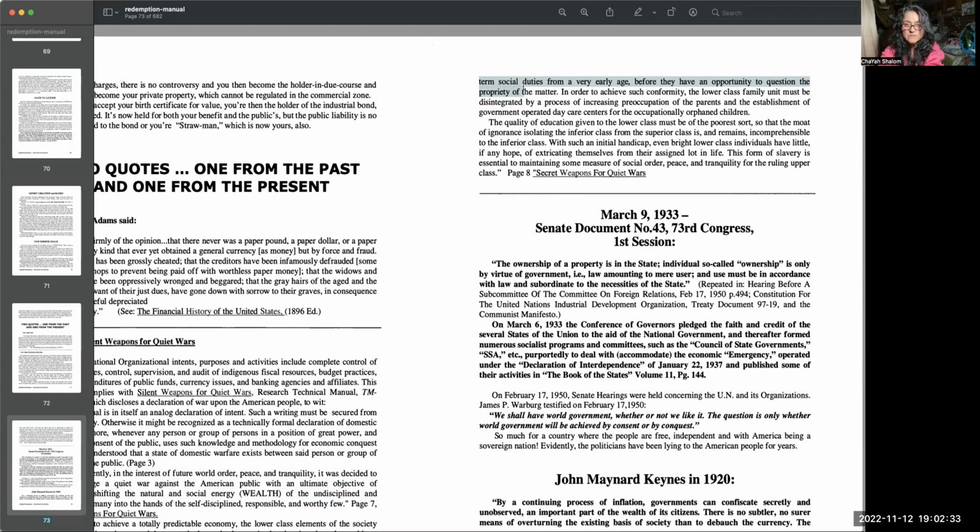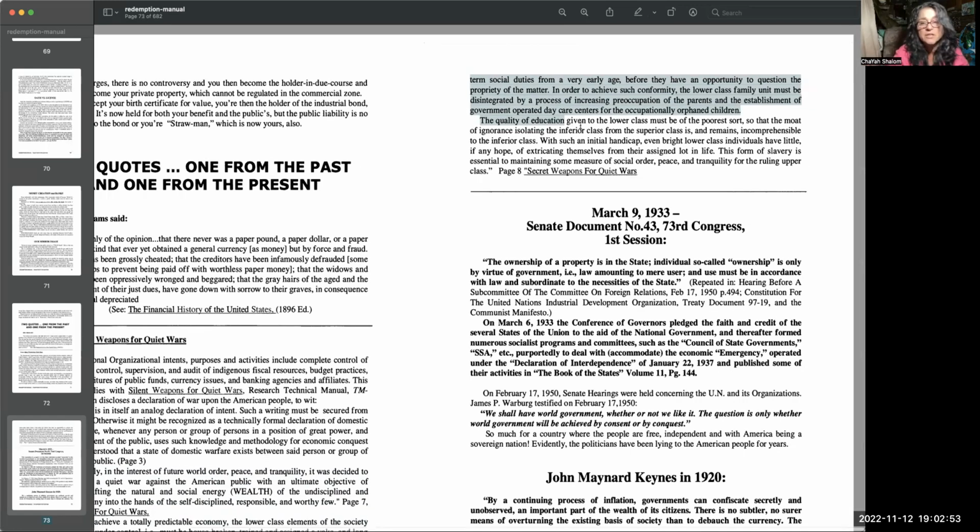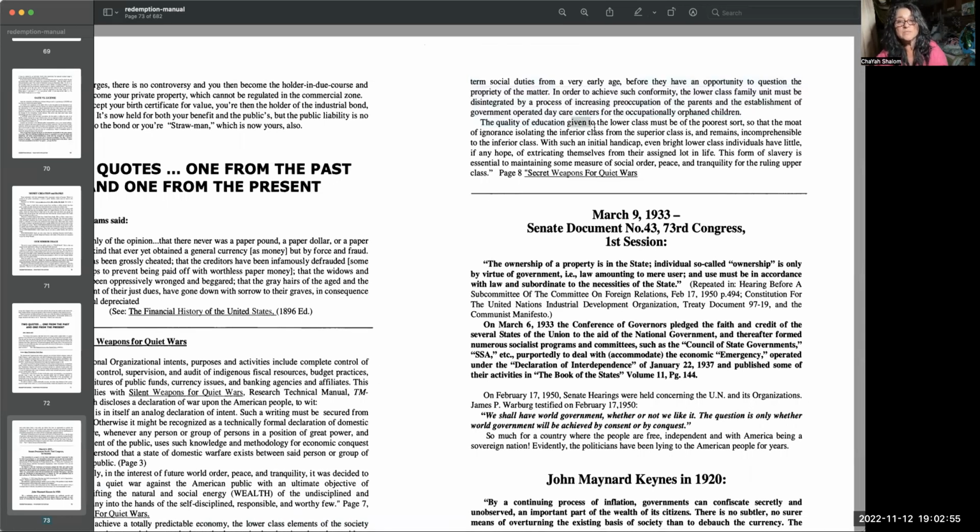In order to achieve such conformity, the lower class family unit must be disintegrated by a process of increasing preoccupation of the parents and the establishment of government-operated daycare centers for the occupationally orphaned children. Yeah, that's true, huh?